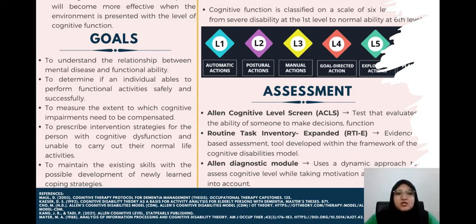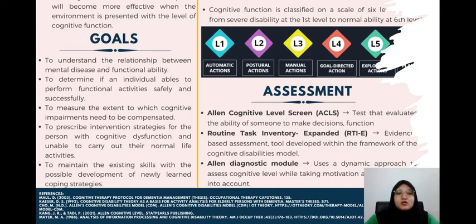This means this model specifically addresses the functional and behavioral consequences of cognitive impairment. And this model also proposes an information processing model of the etiology of the functional impairment, which identifies different information processing patterns revealed by different patterns of functional performance.